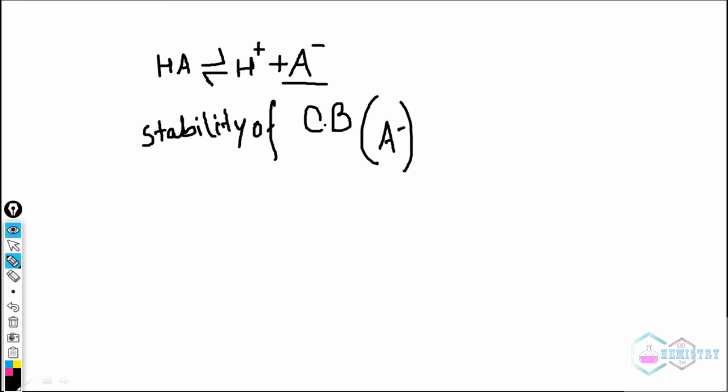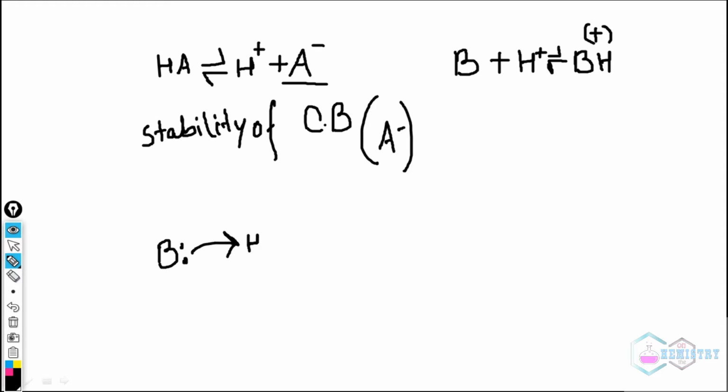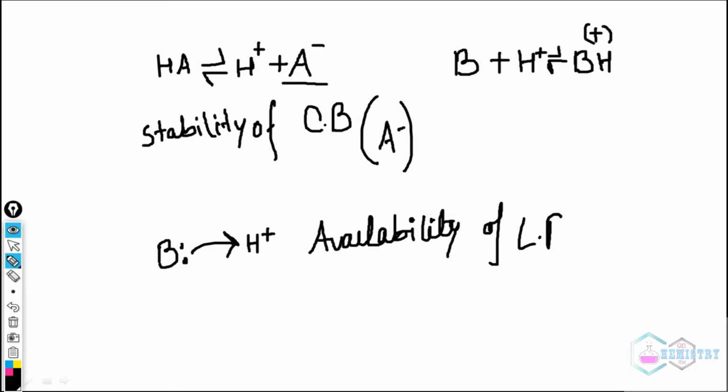In case of base, the base reacts with H plus to give BH plus. Generally the base attacks the H plus with its lone pair. So the availability of lone pair is the main factor of basic strength.